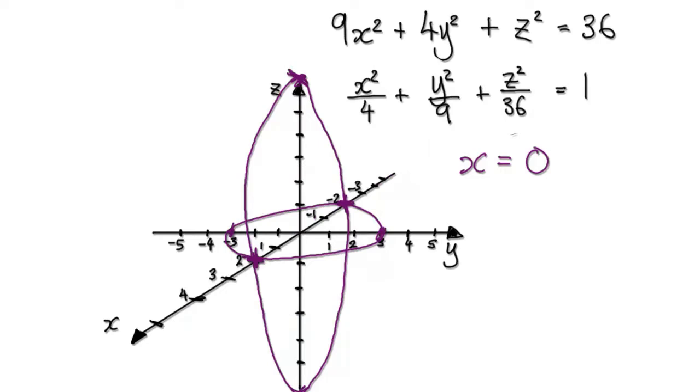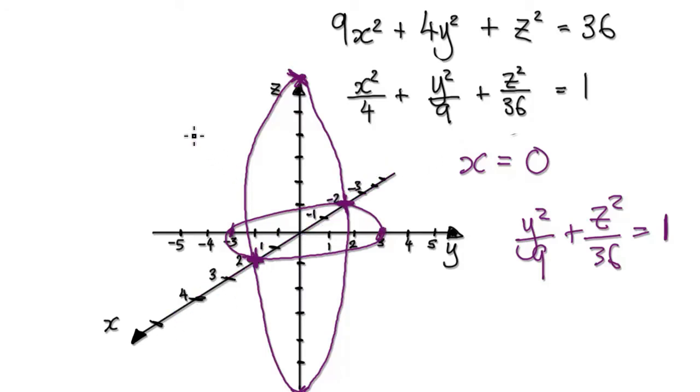When you put this into here, this term will disappear. So in effect, you're looking at y squared over 9 plus z squared over 36 equals 1. So when you let x equal 0, x is this axis here.